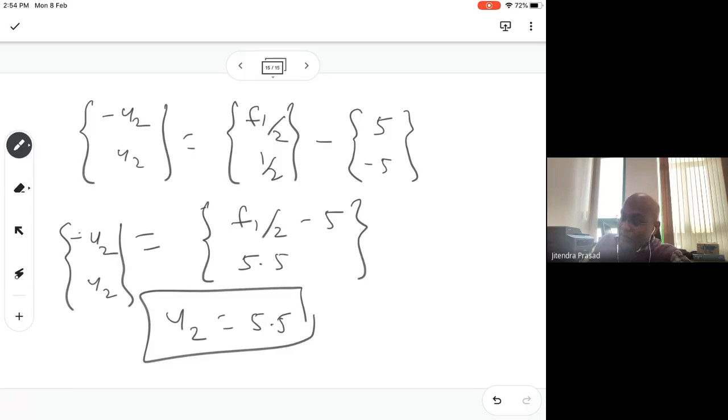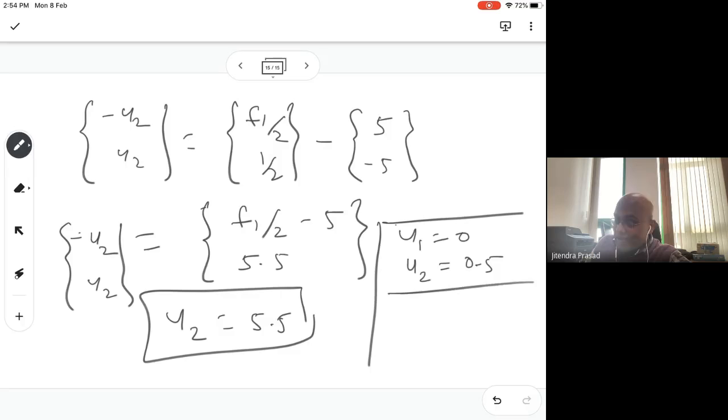So what is the inference here? When you said U1 equal to 0, you got U2 equal to 0.5. When you gave U1 equal to 5, you get U2 equal to 5.5. It means, in order to get the unique solution, you have to know what is the value of U1.